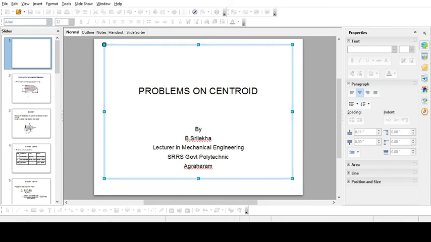These are the values which we have taken. It is 71.1 comma 32.2 mm. Okay, so this is how we calculate the centroid.